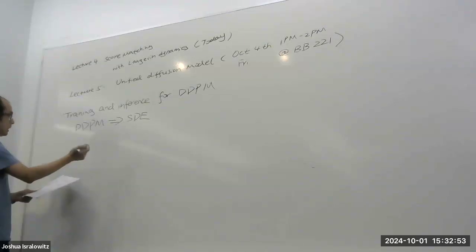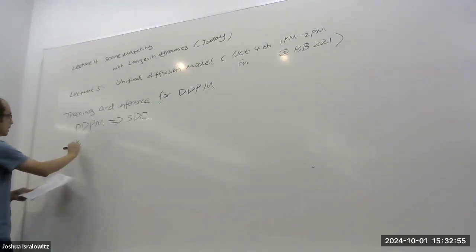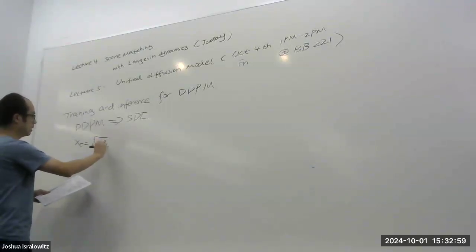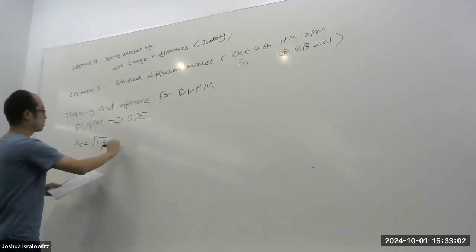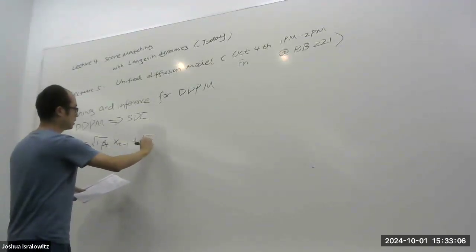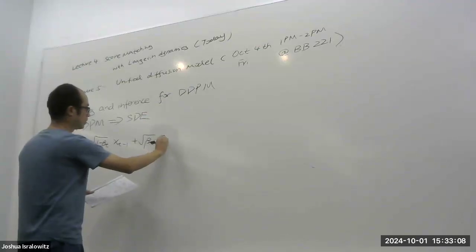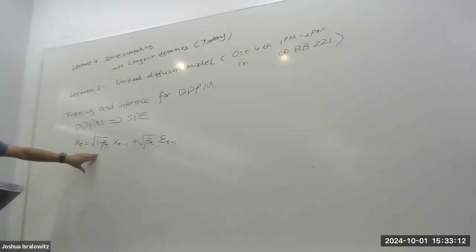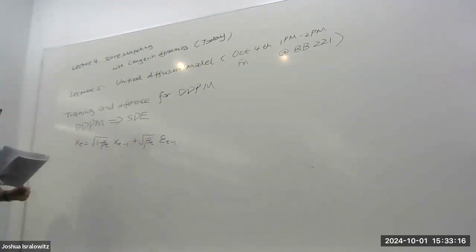I want to remind you the whole DDPM process. I'm going to write it this way: xt equals square root of 1 minus beta t, times xt minus 1, plus square root of beta t, times epsilon. You can use alpha if you want; that would be square root of alpha t, and this would be square root of 1 minus alpha t.